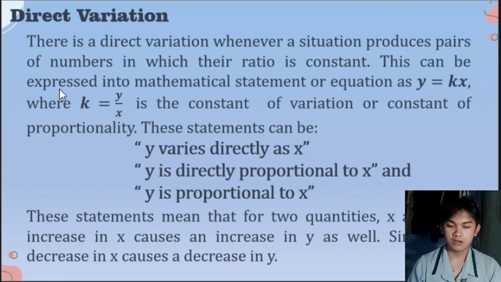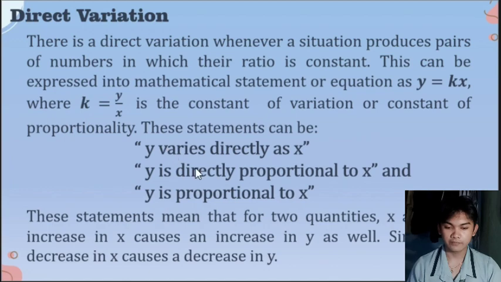So, according to this statement, the direct variation can be expressed into a mathematical statement or equation as y is equal to kx, where k is equal to y over x is the constant of variation. So we call k the constant of variation or the constant of proportionality. And we can get the value for k using this formula: k is equal to y over x.